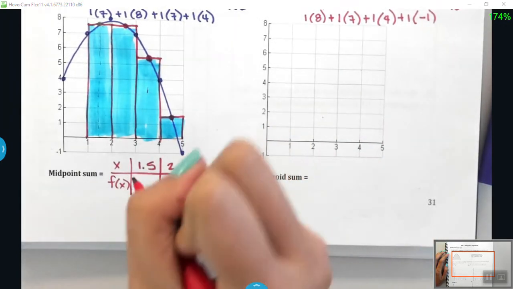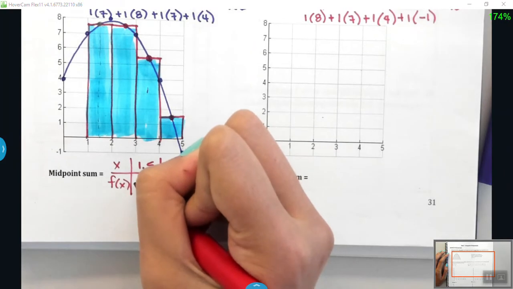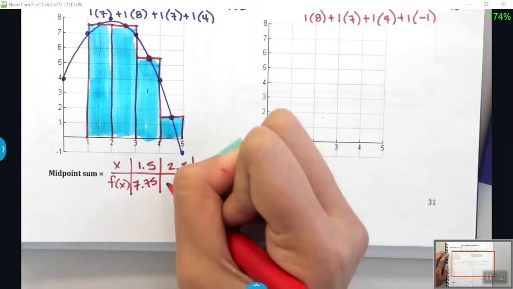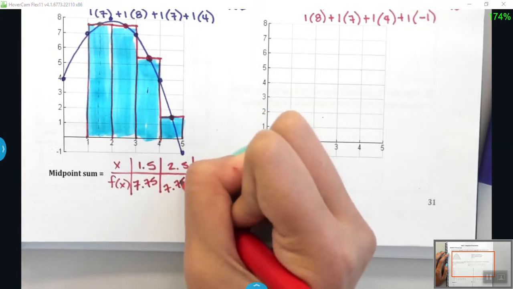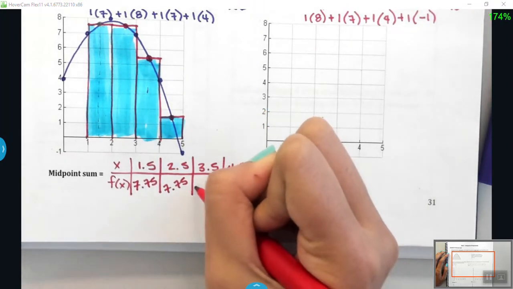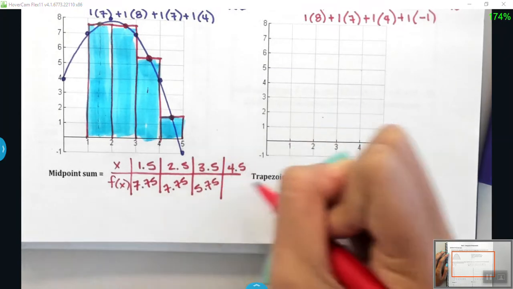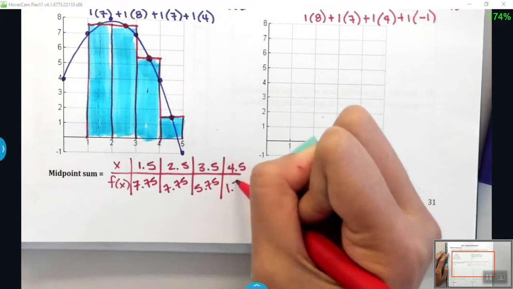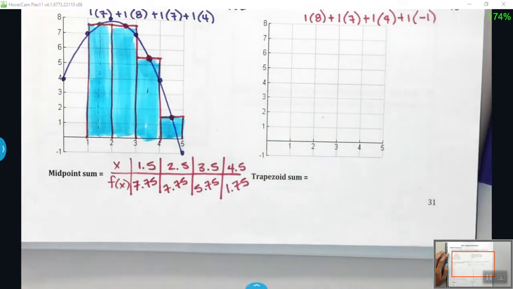So at 1.5, if you plug it in, you get 7.75, and then you get 7.75 for 2.5. For 3.5, you get 5.75, and for 4.5, you get 1.75. So the width of your interval is still 1.